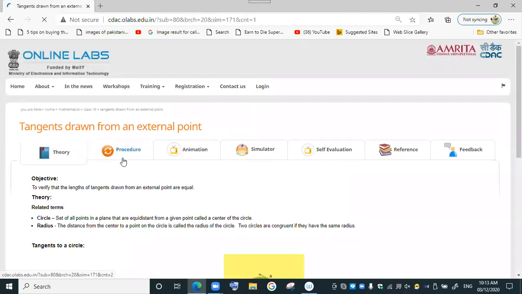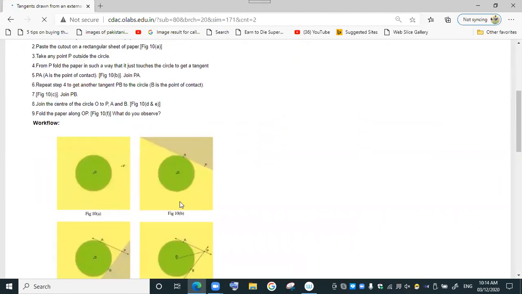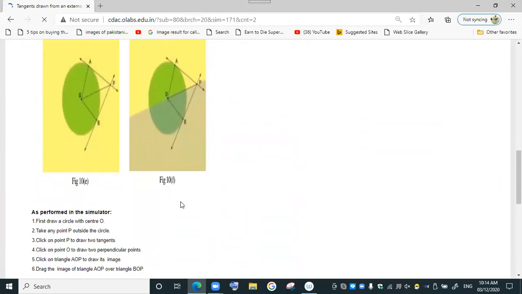Now we go to the procedure. The procedure is here. As I told you, there are two procedures.